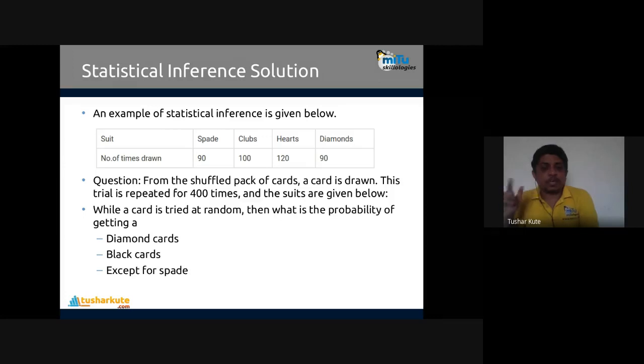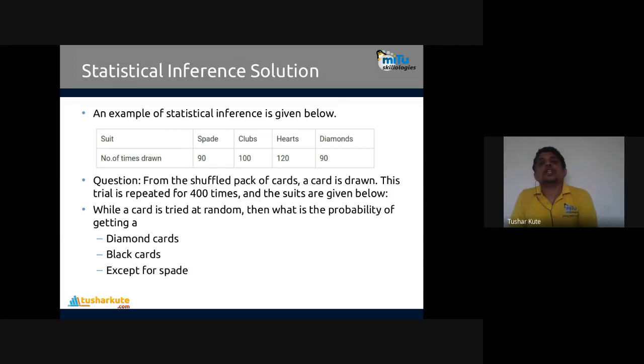For black card, two colors are there, red and black. Diamond and heart are red, and club and spade are black. What is the probability that a black card will be taken? And what is the probability of getting anything except spade, meaning club, heart, and diamond together?